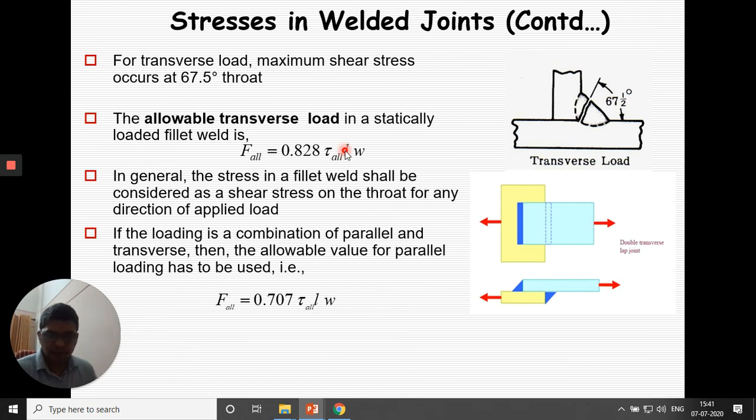Suppose the loading may have some direction change, then for safety we are going to use this equation even for the transverse welding loading condition. And even if you look at the data book, it will give you this equation rather than the other equation for the safest design.